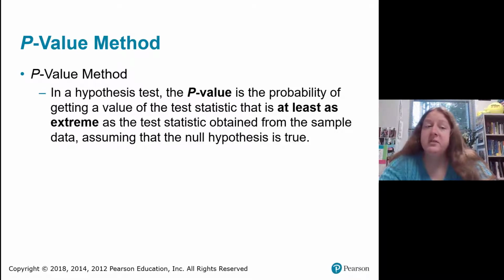The first one was our p-value method. In a hypothesis test, the p-value is the probability of getting a value of the test statistic that is at least as extreme as the test statistic obtained from the sample data, assuming the null hypothesis is true.